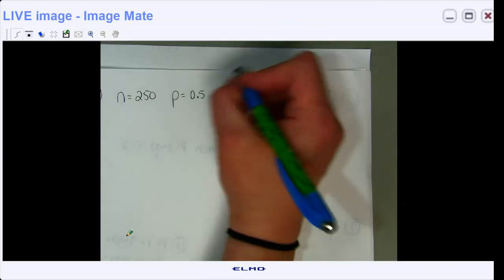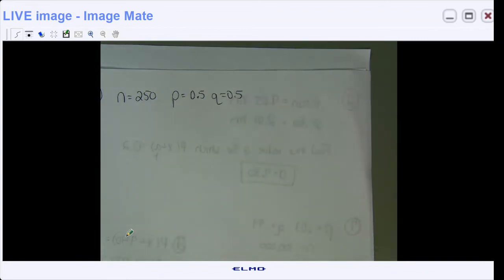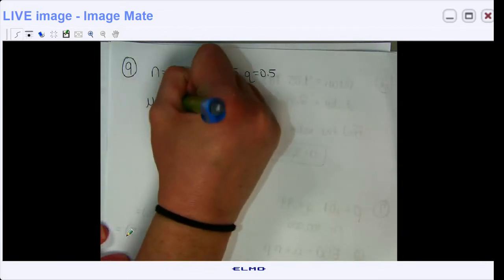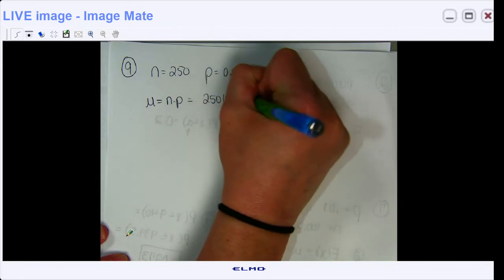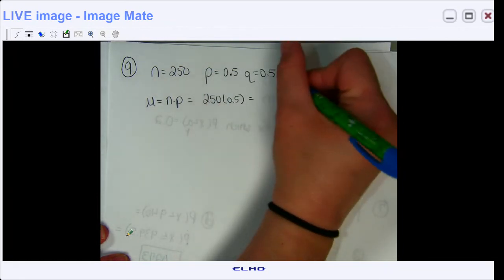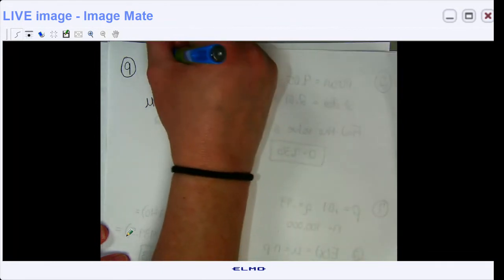So our P is 0.5, our Q is 0.5, and then because this is a binomial, I am going to calculate the mean, so N times P, or 250 times 0.5, which gives us, or sorry, I said 150 here, didn't I?